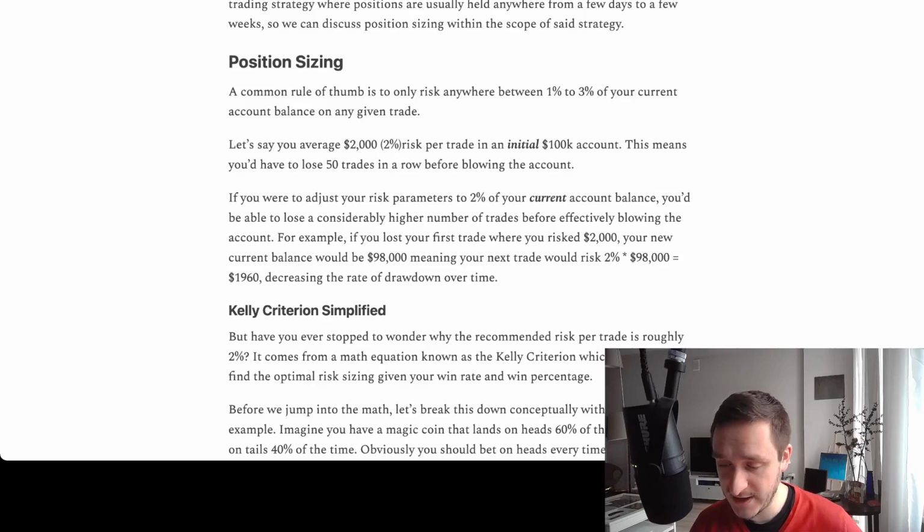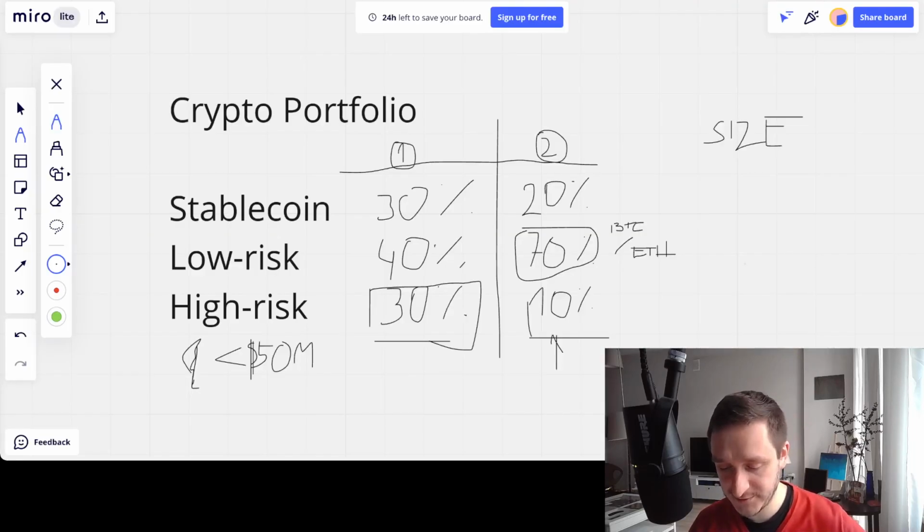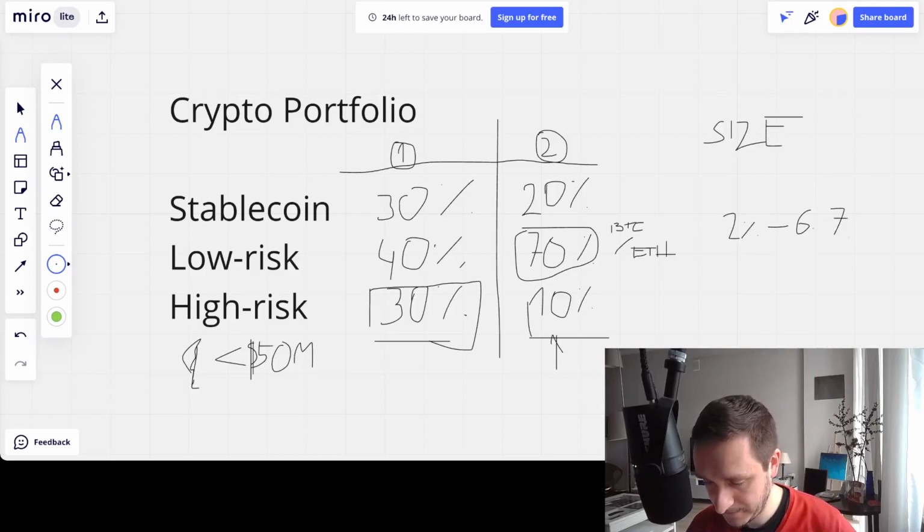So going back into that, even having in mind that you can, for example, bet between 2% and 6.7%, this means that even in this category of high risk, you should at least have bets around, say, 5%, which means you should at least have 2 coins here to bet on.